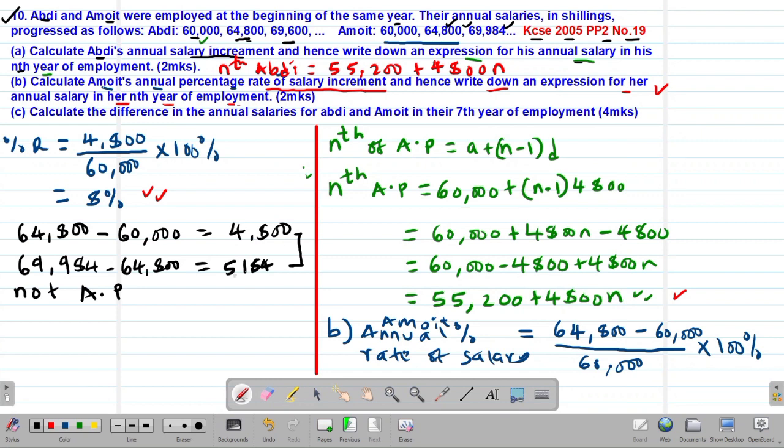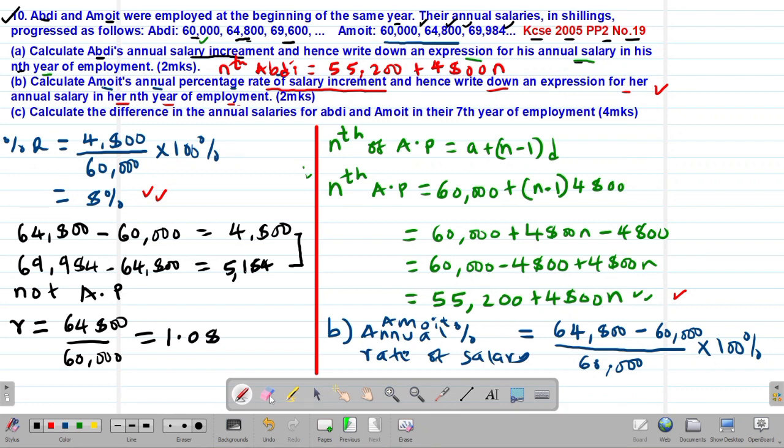If it was to be an AP, then the difference of these two values is supposed to be the same, like the case we saw for Abdi. Therefore, let's check whether it has a common ratio so that we see whether it is a GP. The common ratio should be given by the term ahead, 64,800, divided by the previous term, 60,000. If you feed this on a calculator, you'll get 1.08.